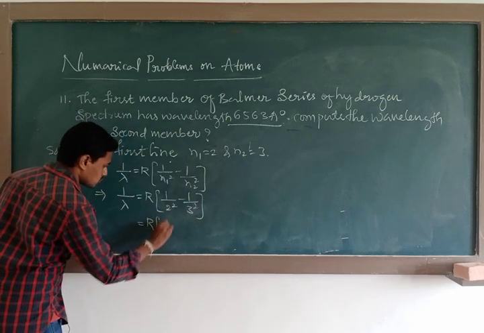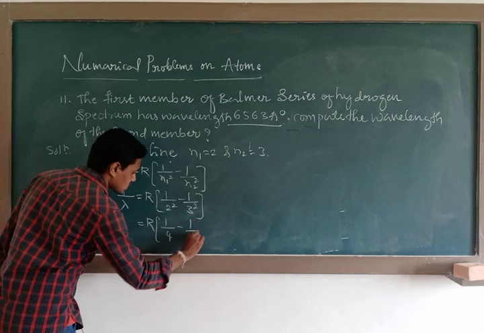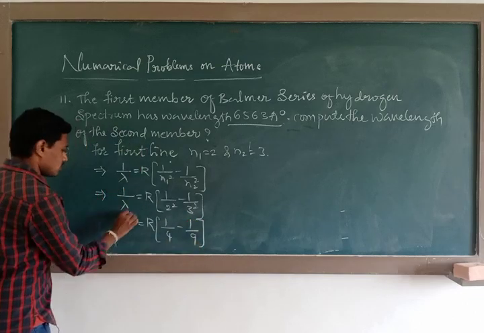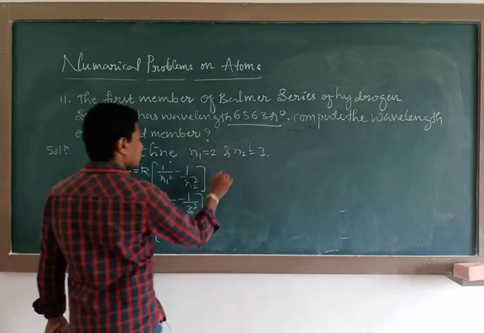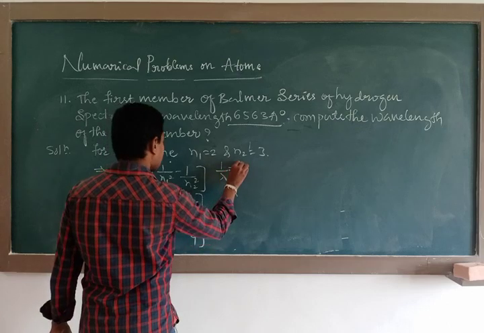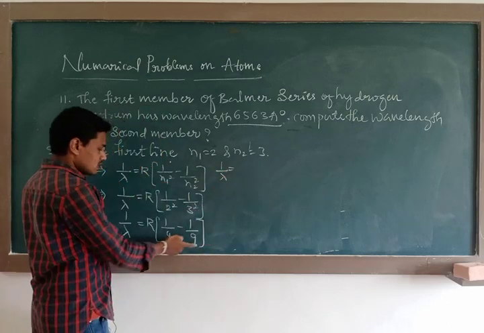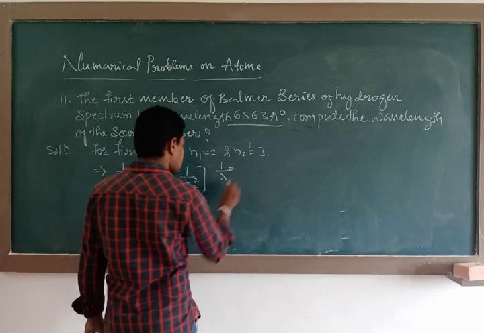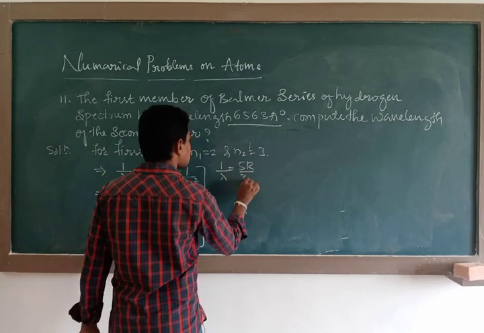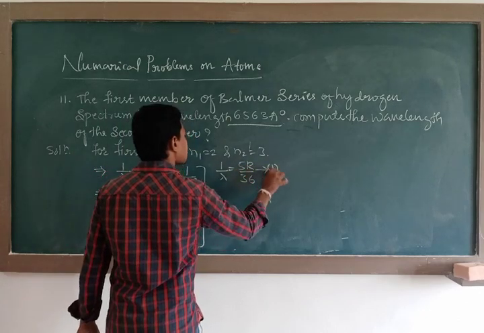This is R into 1 by 4 minus 1 by 9. LCM is 36. 9 minus 4, 5R by 36. Call this equation number 1.